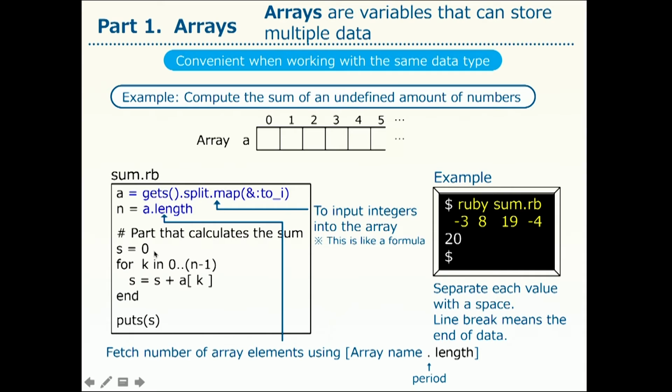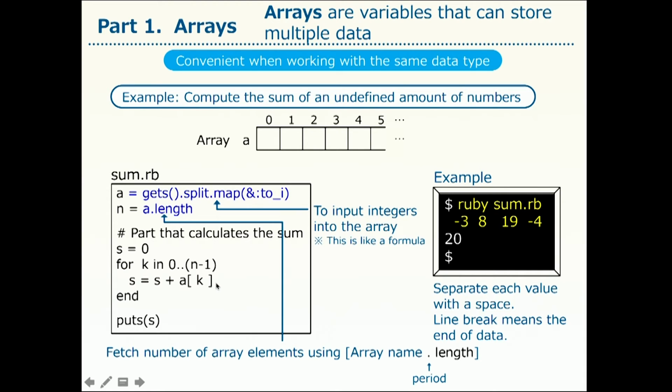This loop repeats for the values of k from 0 to n-1. Please pay attention here again. The index of the array starts from 0. Therefore, the computation repeats as the k value changes from 0 to n-1, which gives you n repeats. Then the sum is computed into the variable s. This is a typical use of arrays.